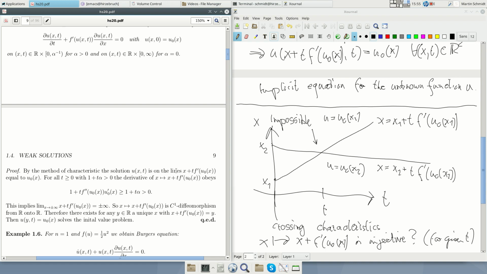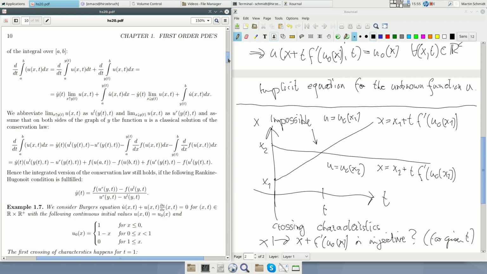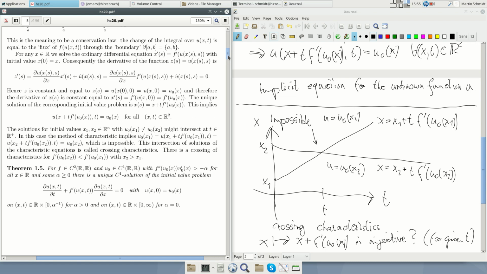So let's calculate the derivative. The derivative of this function is of course this expression. This is how this expression shows up in the theorem.